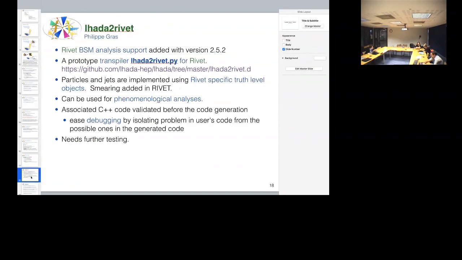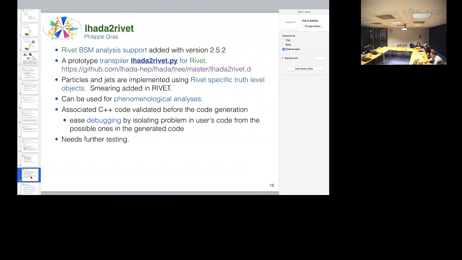So I'll just say, briefly, a little bit about each of these things. This Rivet-based system is just a Python program that basically reads the ADL and spits out code that can then be plugged into Rivet. You can have a look at that code on this website.